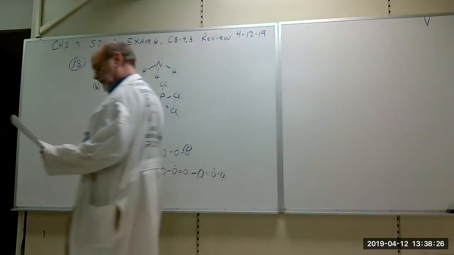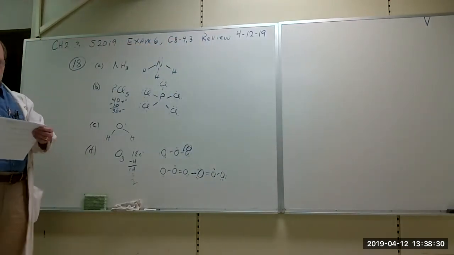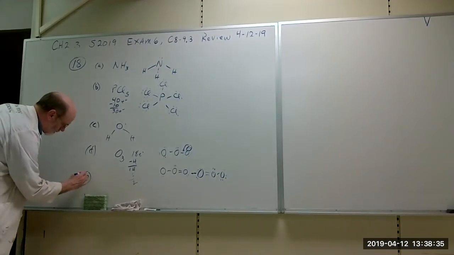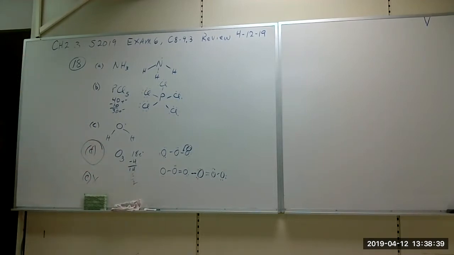So, let's see, where was I? At least 2 of the molecules exhibit resonance. No. So E is wrong also. This is the one, the only one that satisfies conditions. Ozone. Okay?